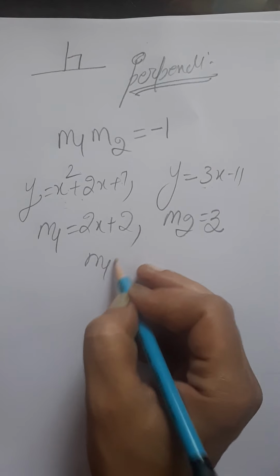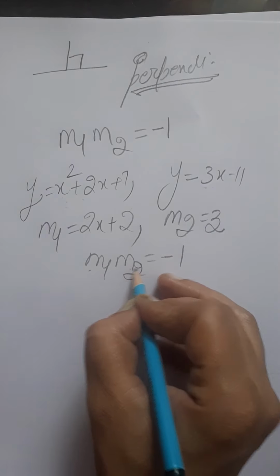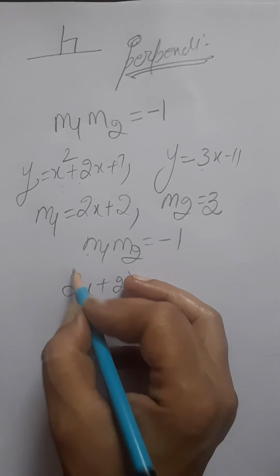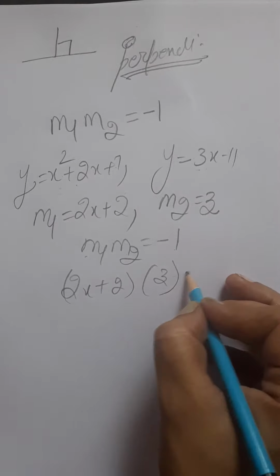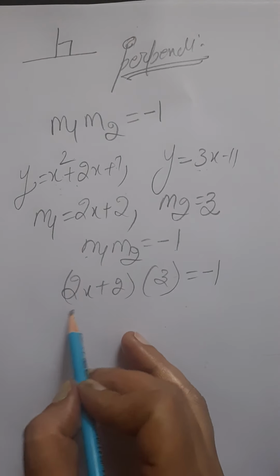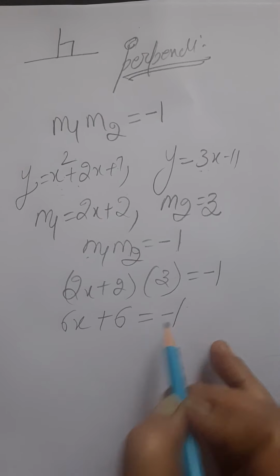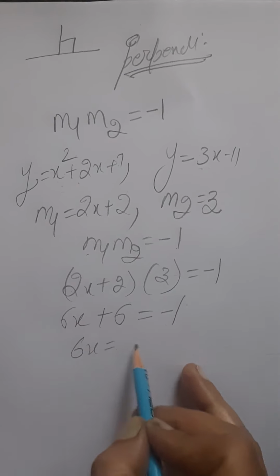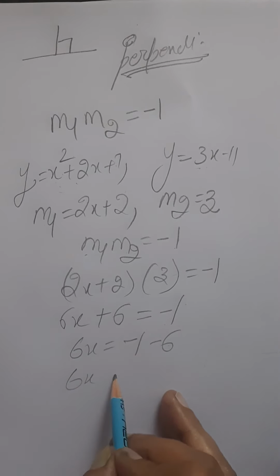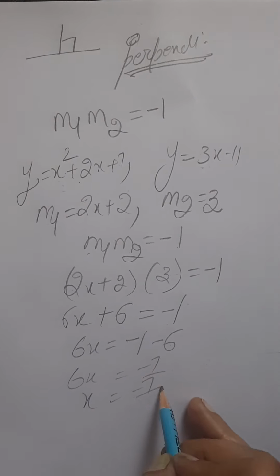If these lines are perpendicular, we apply the condition m1 m2 is equal to minus 1, and for that we write (2x plus 2) times 3 is equal to minus 1. Multiplying it, you get 6x plus 6 is equal to minus 1, and 6x is equal to minus 1 minus 6, and you get your answer, minus 7 upon 6.